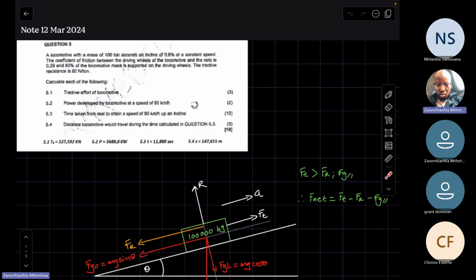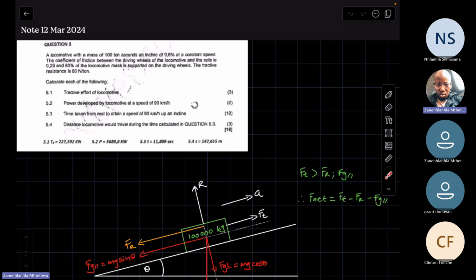So essentially, for vehicle dynamics, there are two problems that you can expect in the exam. Essentially, what you are looking at is a locomotive. Sometimes the problem is based on the locomotive alone, and sometimes the locomotive is pulling some trucks.